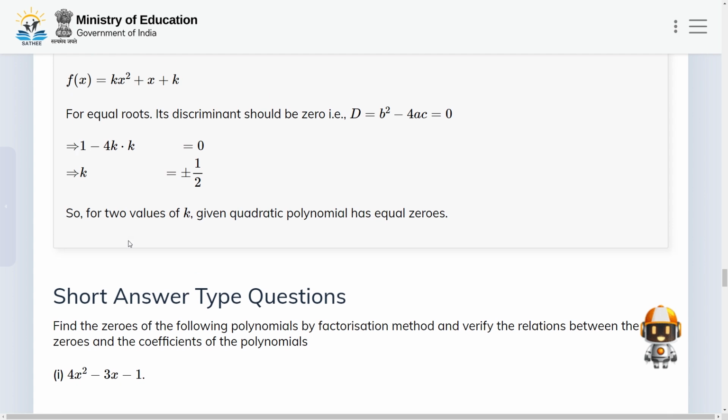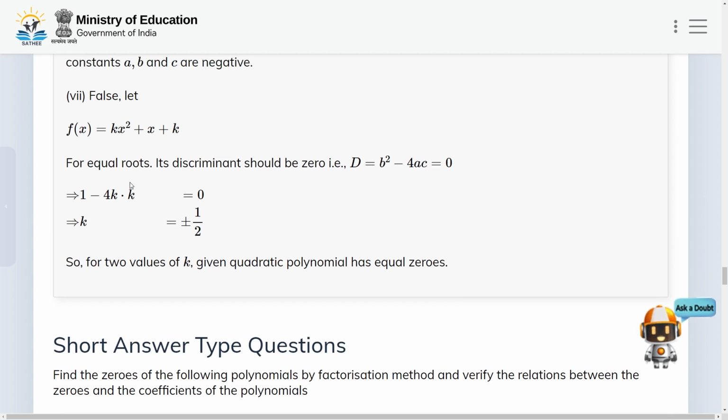So here in the seventh one, first of all, we let f of x equal to kx square plus x plus k. Okay, and for equal roots, its discriminant should be 0, that is D is equal to b square minus 4ac, equal to 0. Here a is equal to k, b is equal to 1, and c is equal to k.